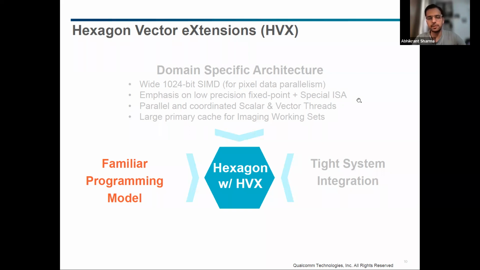And since there is no floating point hardware available, that reduces the power consumption of the hardware. There is multi-threading in the form of scalar and vector threads, which allows thread level parallelism apart from data level parallelism. And the large primary cache, the L2 cache that we discussed just now, augments image processing and high bandwidth requiring applications to work in a very seamless manner.